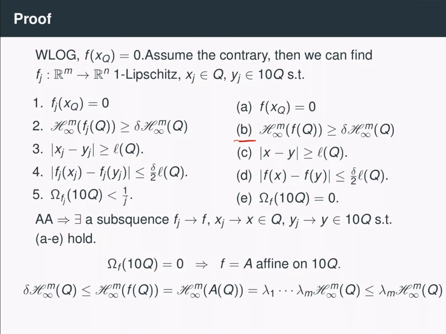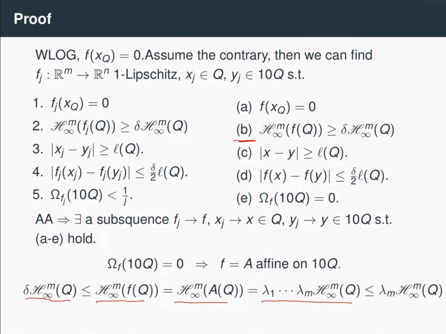Recall that by B, we have that delta times the content of Q is at least the Hausdorff content of f of Q. This is equal to, since f is equal to an affine map on this cube, and recall from our discussion about singular value decompositions that the Hausdorff m-dimensional measure of AQ will equal the product of the singular values times the Hausdorff measure of Q. Now, here we're dealing with Hausdorff contents, but remember that if we're working in an m-dimensional plane, then the Hausdorff m-dimensional content is actually equal to the m-dimensional Hausdorff measure.